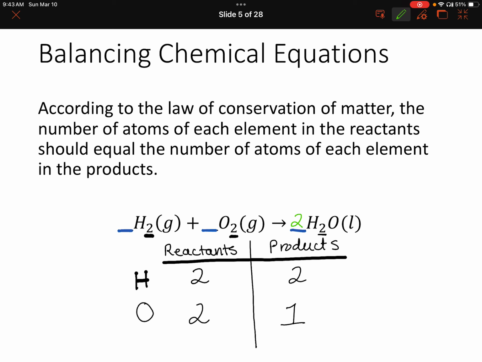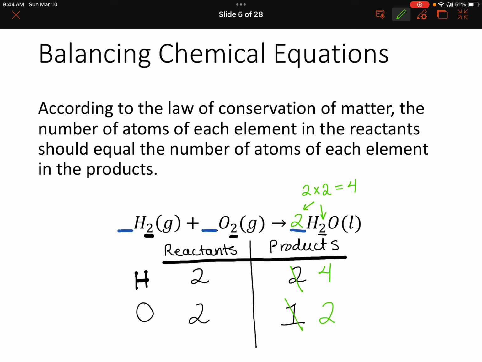So that means we have now also changed the number of hydrogens because we're going to multiply 2 by 2 for hydrogen. And then we also multiply oxygen by 2. So we now have 4 hydrogens in the products and 2 oxygens in the products. Okay, so oxygen is now balanced.